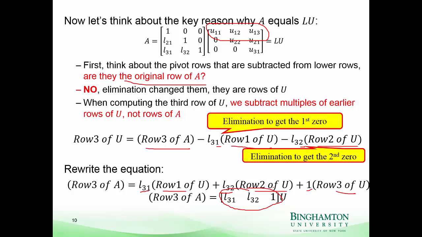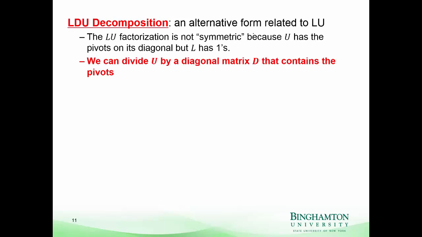If we look at this U, there are general numbers there on the diagonal, but the L always has values of 1 on the diagonal. And so that sets up kind of an asymmetry between their forms.